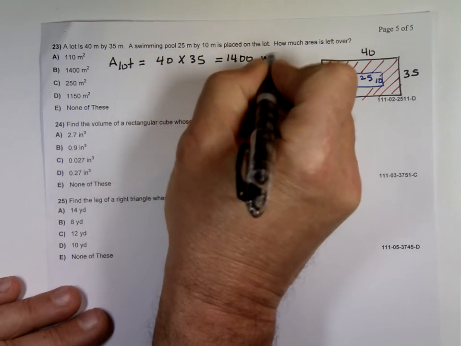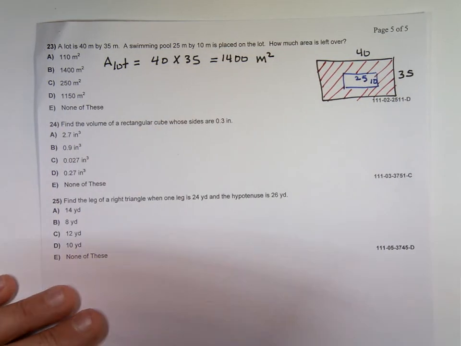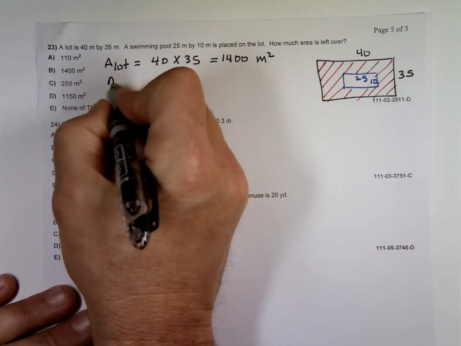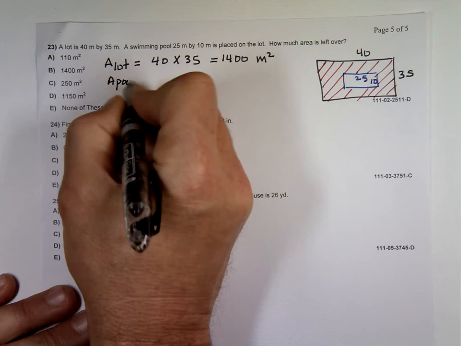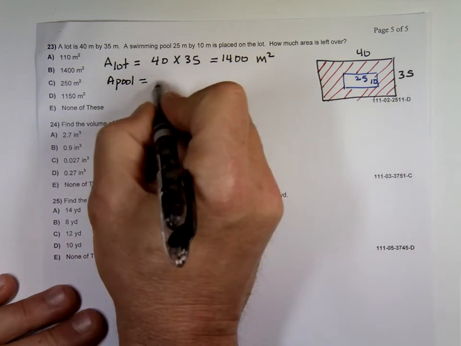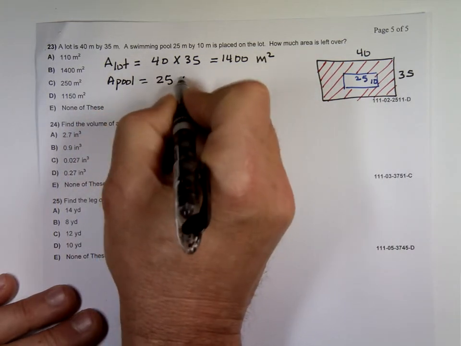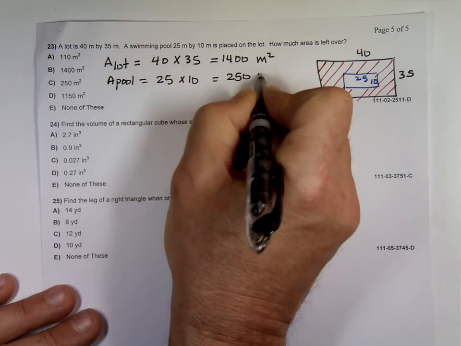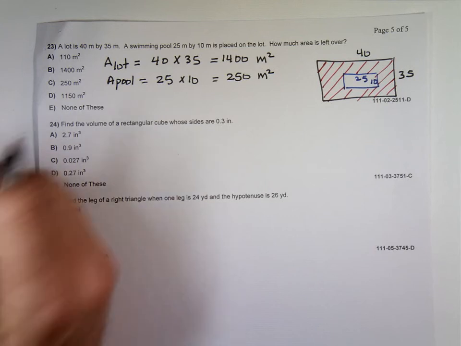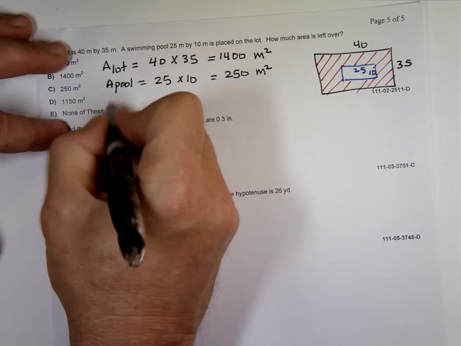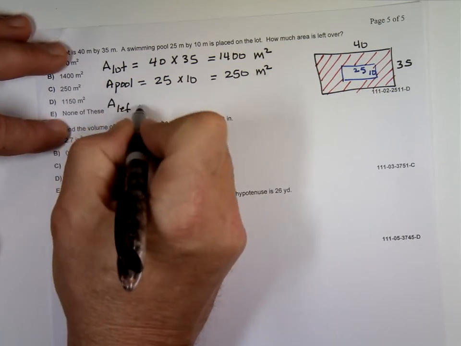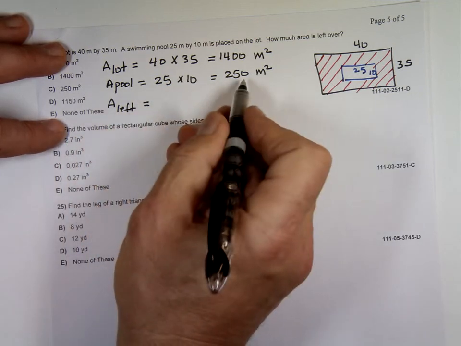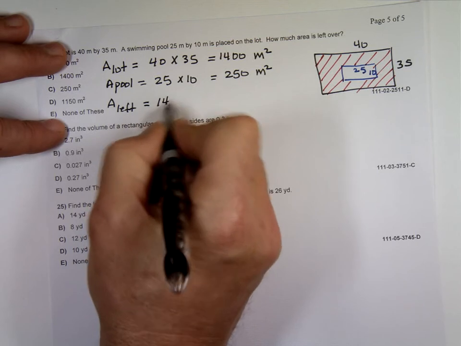Then you brought a bulldozer, bobcat, whatever you decide to use, and you dug a hole for the swimming pool. What's the area of the pool now? That's a rectangular shape. That's 25 times 10, which is what? 250? So what's the area that's left? It is the pool subtracted from the lot. The 1,400 minus the 250, which is what?